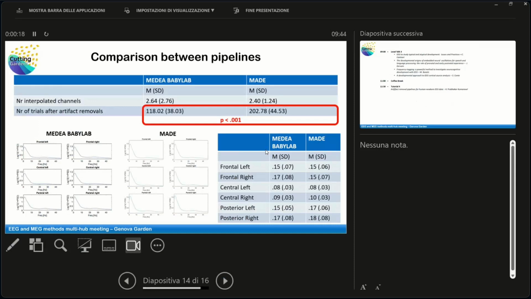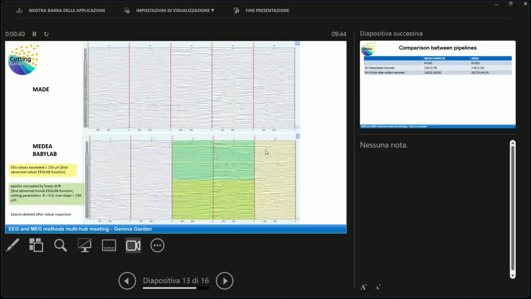Yes, but I would say that after this try that we did, for the future I'm now using the MADE pipeline because the results are the same, but you don't have to spend hours visually inspecting your data. I was not very happy because, you see here, I'm really picky and this is noise to me. Keeping this noise in the data makes me feel bad.